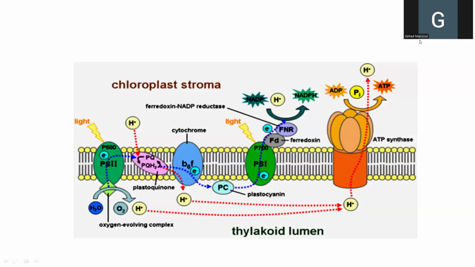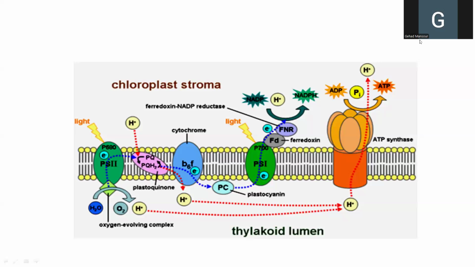But this time we're going to start with the diagram, because the diagram will show you details that will help you understand more how non-cyclic phosphorylation occurs and how it ends with the formation of not only ATP, but ATP and reduced NADP.